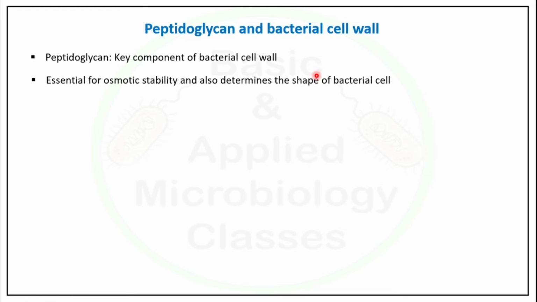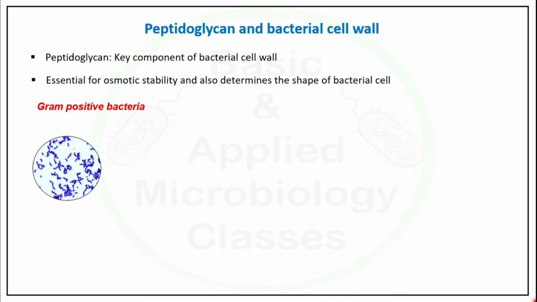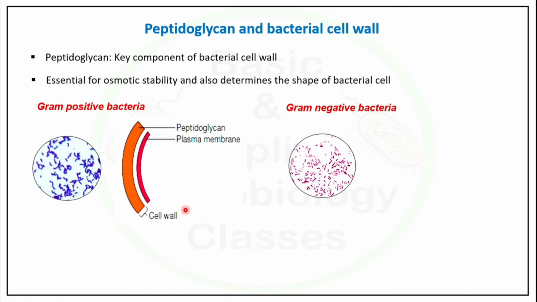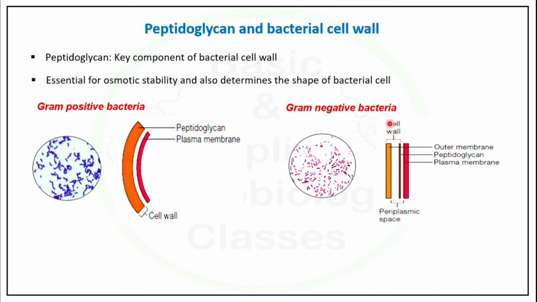Now, in brief, we are going to see the major differences in gram positive and gram negative bacteria cell wall with respect to the presence of peptidoglycan. When we talk about gram positive bacteria, here I have included this overview picture. You can see that the cell wall in gram positive bacteria is made up of peptidoglycan. Now coming to gram negative bacteria, you can observe that a thin layer of peptidoglycan is present when we compare it with that of gram positive bacteria.